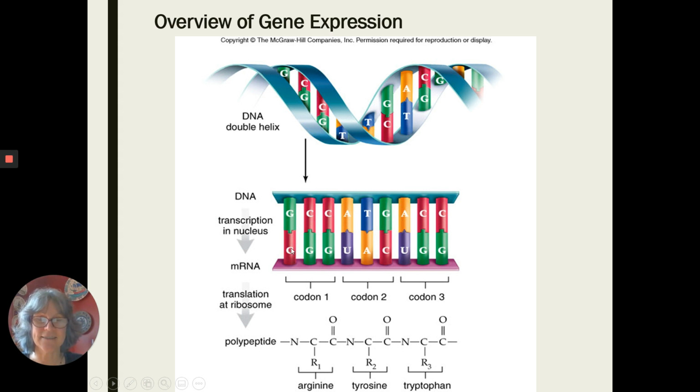G codes for C in RNA, C codes for G. A would normally code for T in DNA replication, but in transcription, when I build a different molecule, RNA, T still codes for A, so a T on my DNA gives me an A in my RNA, but an A on DNA gives me U, uracil, on my RNA. And then each 3 bases are a codon, one of my words, and those words can be translated into amino acids.